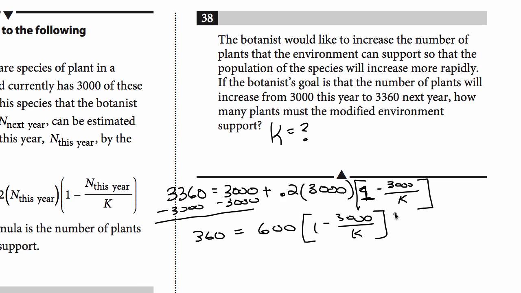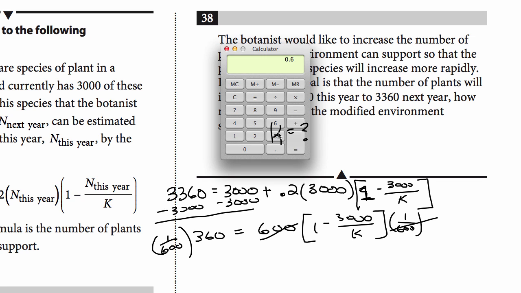Why don't we multiply both sides by 1 over 600? We'll get rid of the 600 that way. So 360 divided by 600 is 0.6.